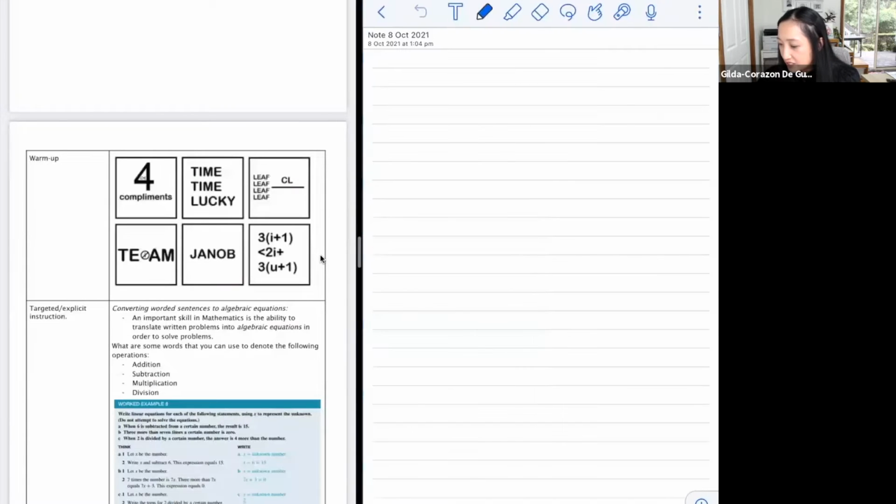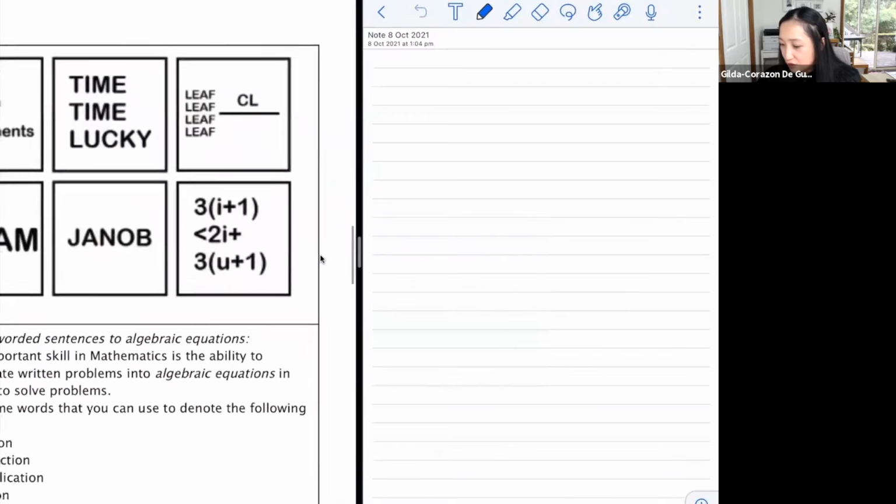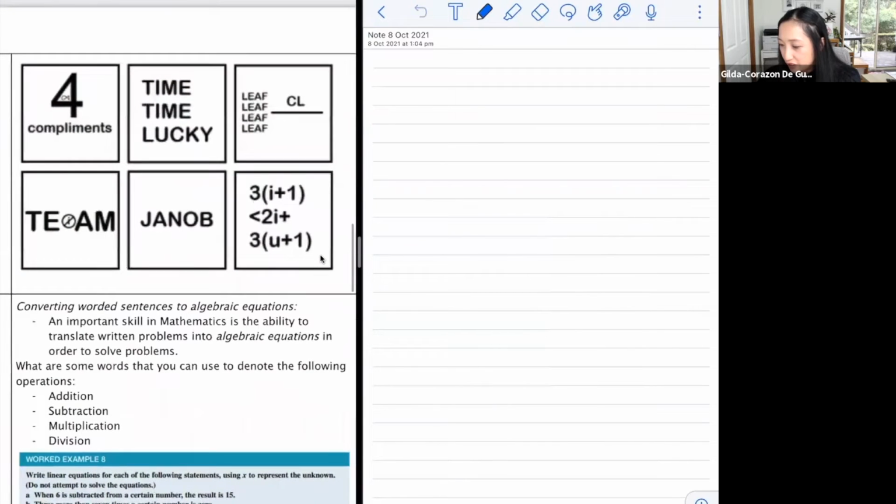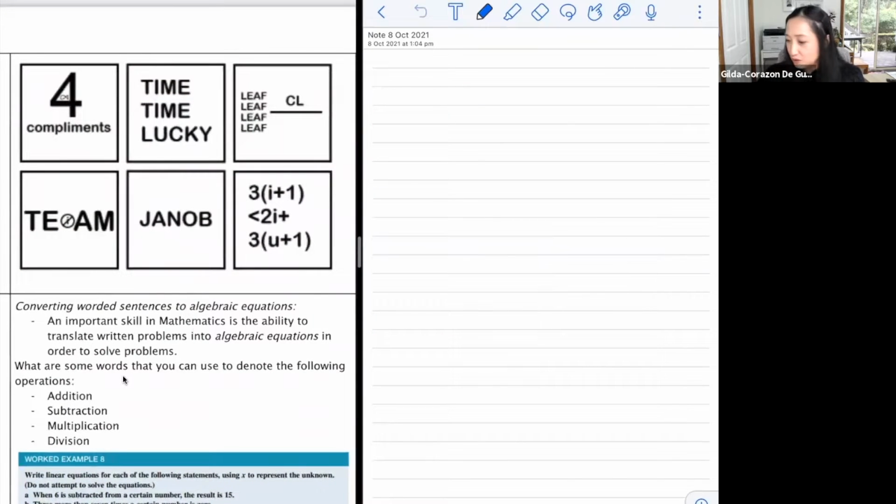So that's an inequality that you'll have to solve. I know that we haven't done that, but it's cool. So you've got 3 multiplied to I plus 1 is less than 2I plus, that's a T, not a plus, plus 3 multiplied to U plus 1.